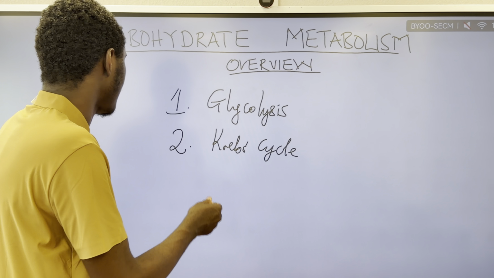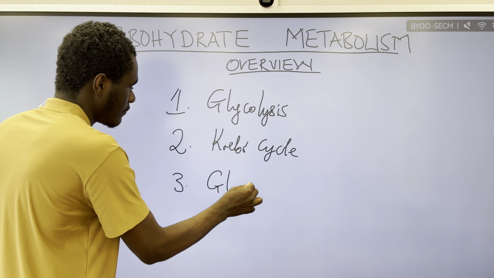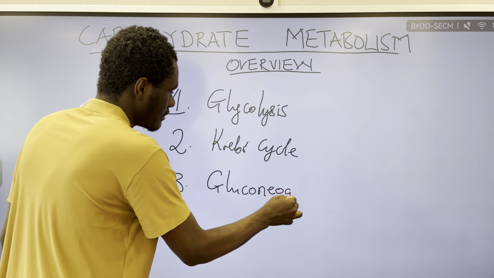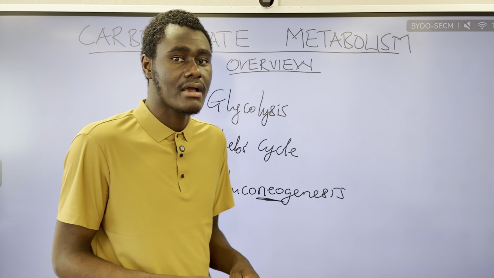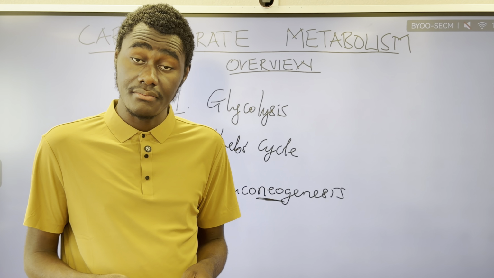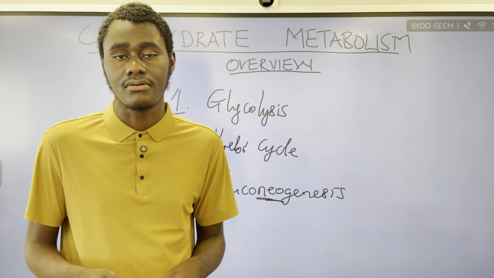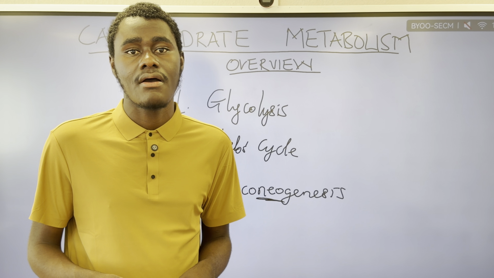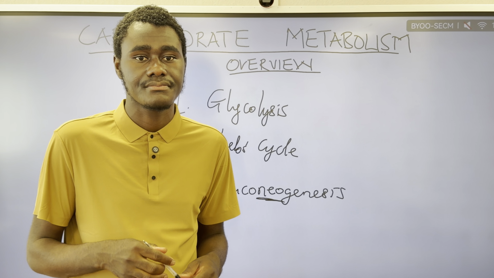The next important pathway is gluconeogenesis. As the name implies, it is a pathway which our body uses to provide glucose. Remember, our blood level of sugar has to be at a certain level.